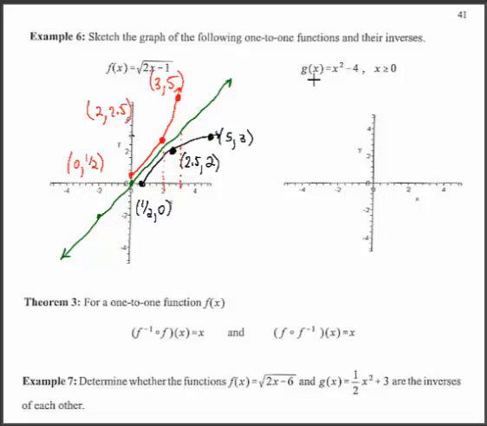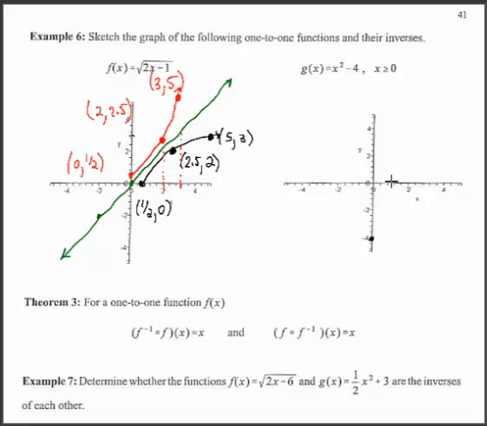Okay, so for g of x, and again we've restricted a domain. This is a parabola that starts at -4. I'll draw it in a different color. And now if I put in 1, I would get 1 squared minus 4 is a -3.